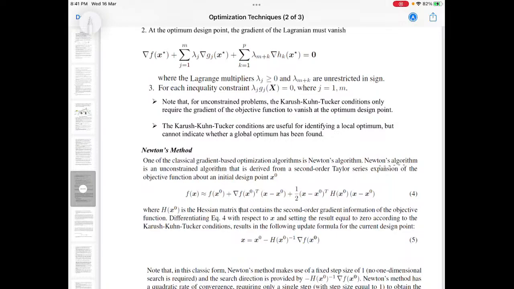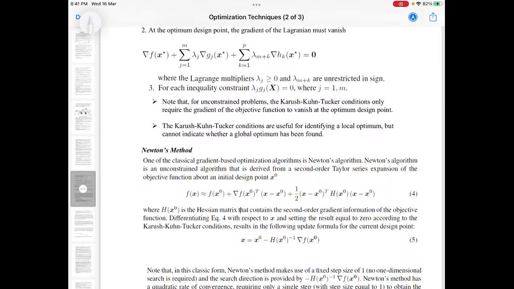Newton's algorithm is an unconstrained algorithm that is derived from the second order Taylor series expansion of the objective function about an initial design point x0. So Newton's method depends on the second order Taylor series expansion, and here we are taking the initial design point as x0. As initially pointed out, x is a vector.